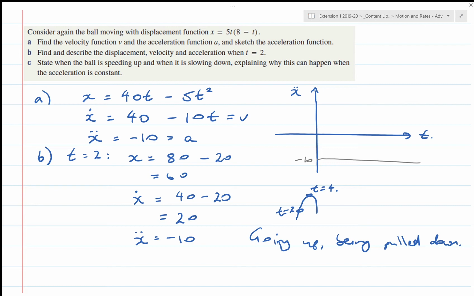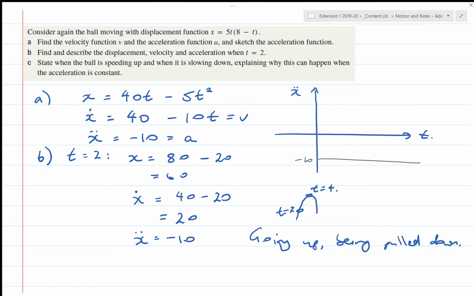Okay. So when is the ball speeding up and when is it slowing down? The ball is never speeding up. Doesn't make sense.